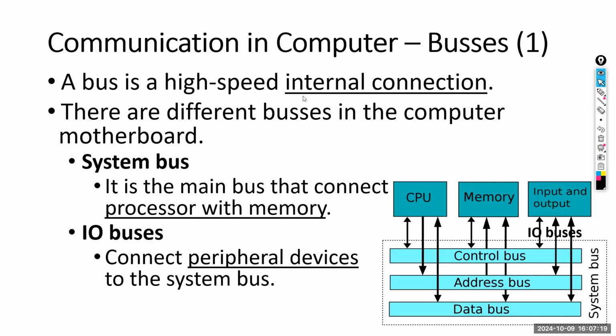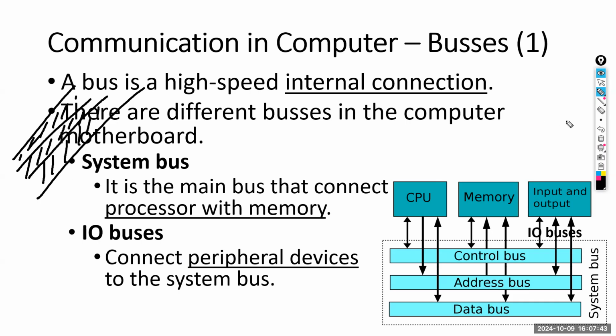How are computer communication buses designed? It's something like a road with lanes. You know that there are, for example, a bicycle lane, a bus lane, and lanes for other vehicles.